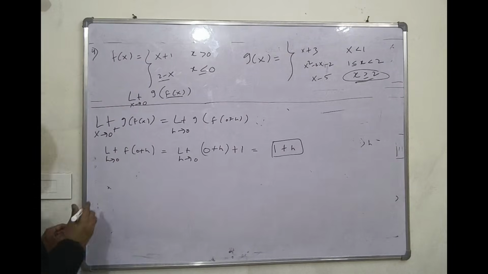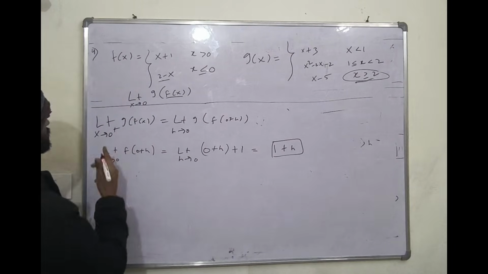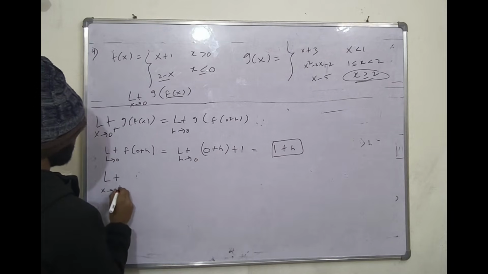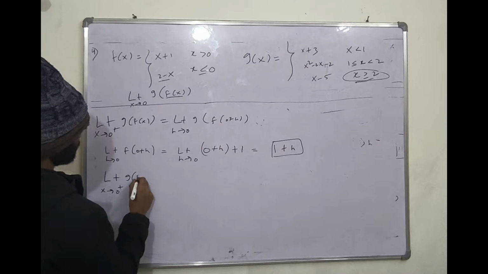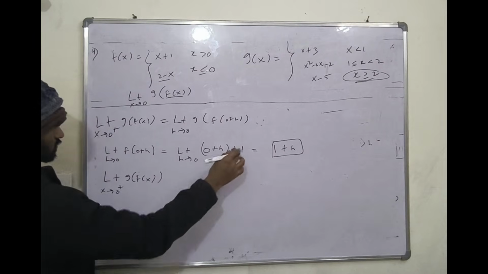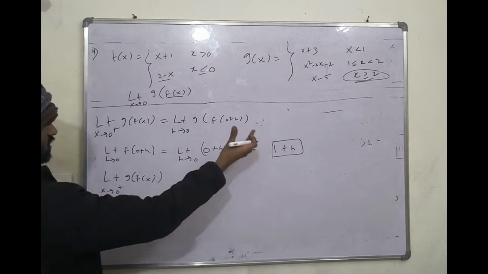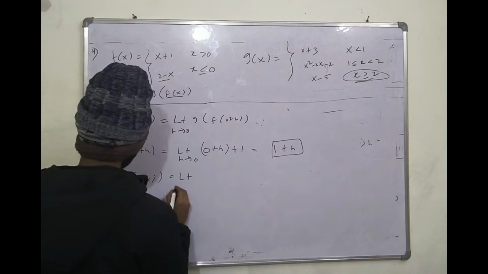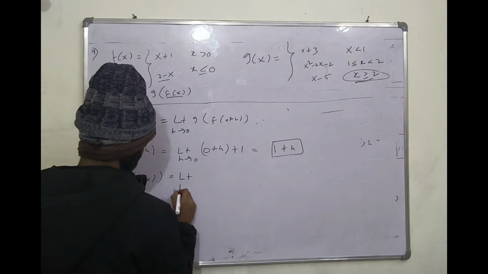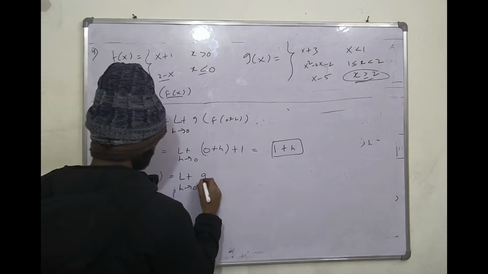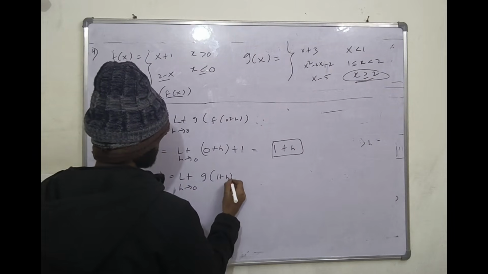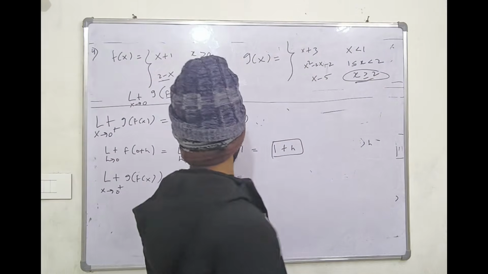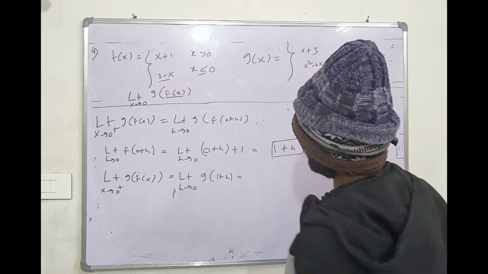Now coming to the original function, limit x tends to 0 plus g of f of x. Substitute this 1 plus h directly here. So it is limit h tends to 0, g of 1 plus h.